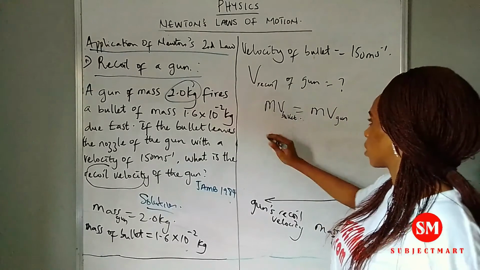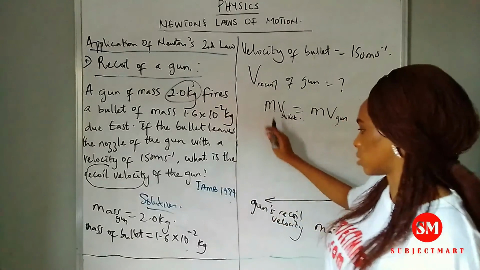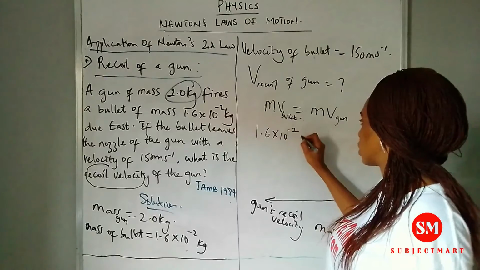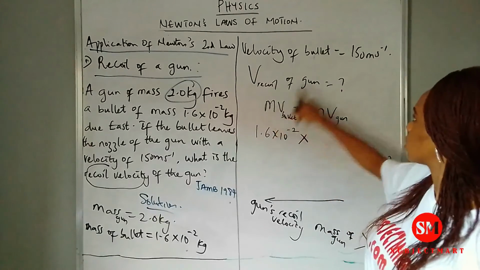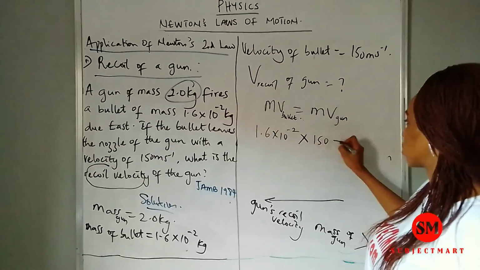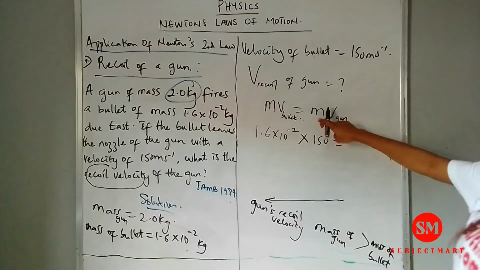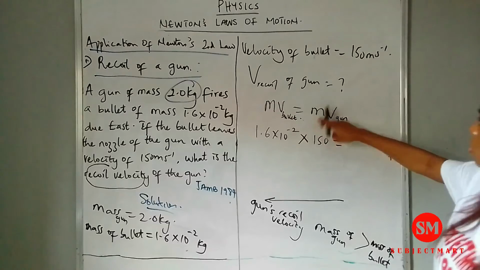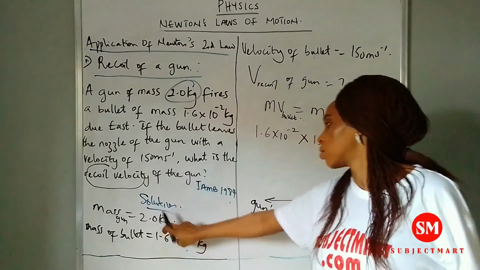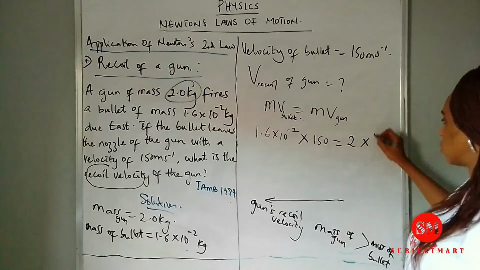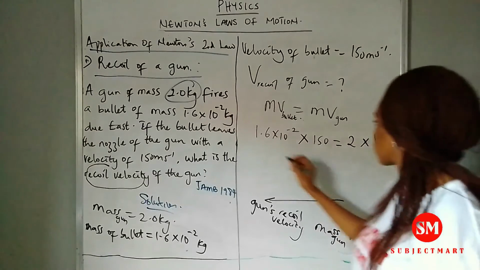So here, the mass of the bullet is 1.6 times 10 raised to the power minus 2, times the velocity of the bullet, which is 150. The mass of the gun is 2, times the velocity, which we don't know, the required velocity.